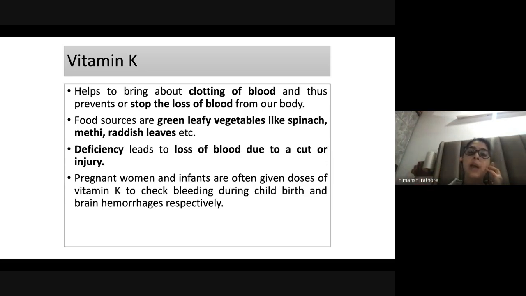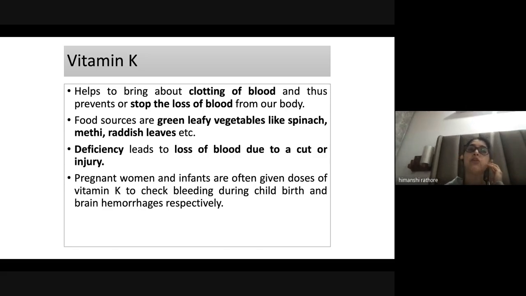So how has this happened? This happens because of the presence of vitamin K in your body. If vitamin K is not there, the clotting will be delayed and the loss of blood from your body will be at a high percentage. So vitamin K is very important. And in which food sources is vitamin K present?